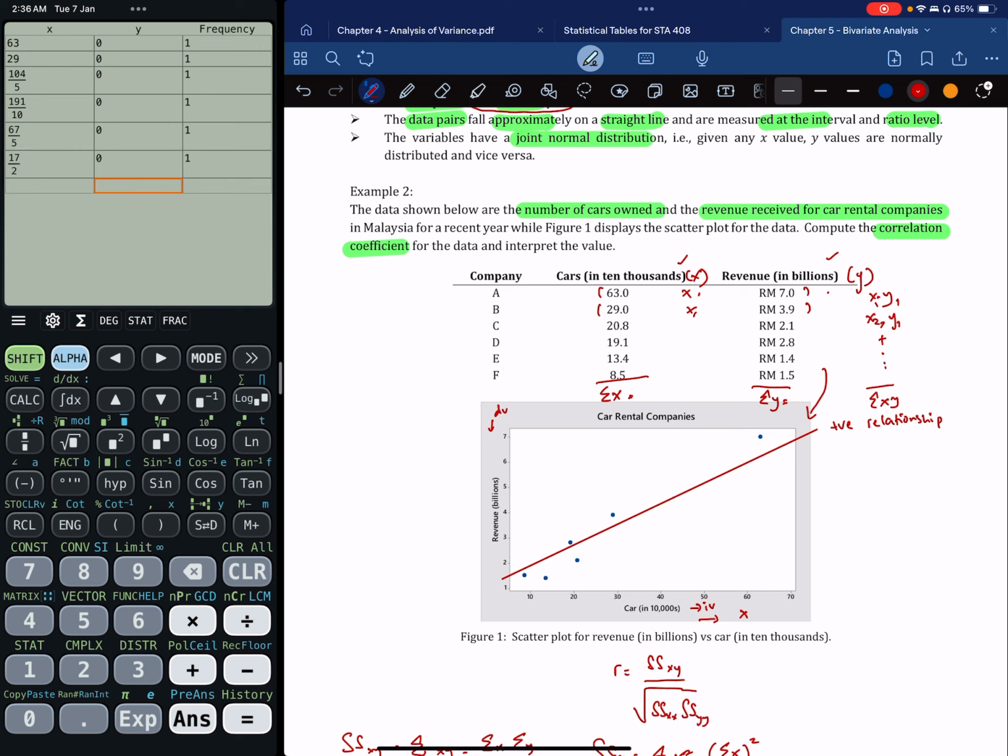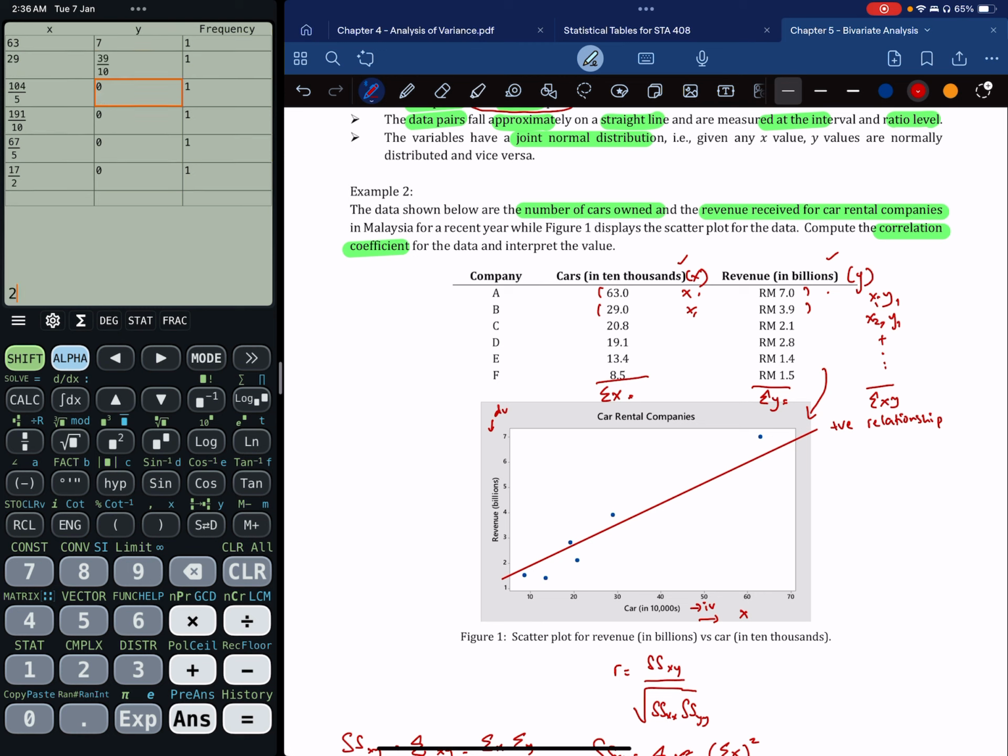And then we put our y: 7, 3.9, 2.1, 2.8, 1.4.